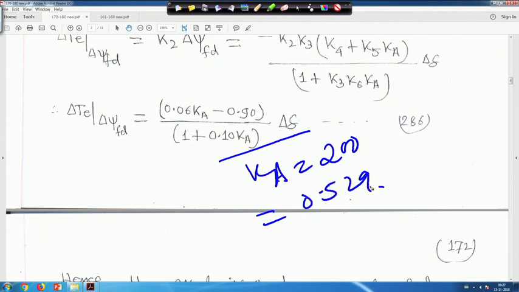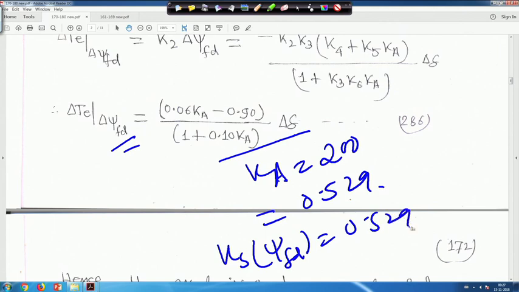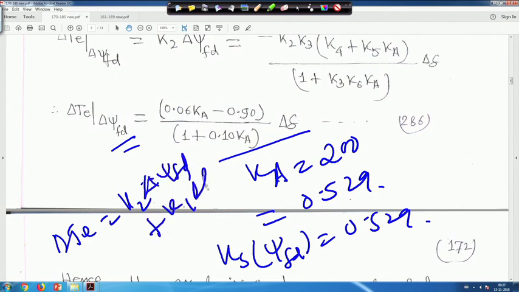So, this is due to the delta psi fd term, plus one more term is there. That is why we are writing that Ks delta psi fd is equal to 0.529. But we know that delta Te has two terms: one is K2 delta psi fd, and another is K1 delta delta.